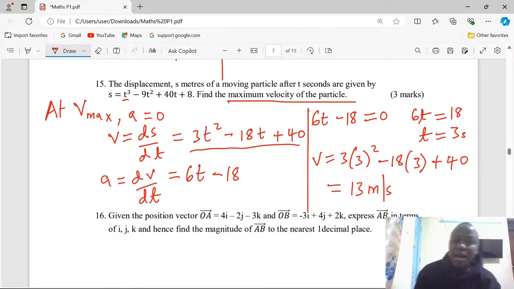We are saying that maximum velocity is only attained at acceleration being 0. When acceleration becomes 0, then velocity is maximum. That one has to be interpreted in the right way.